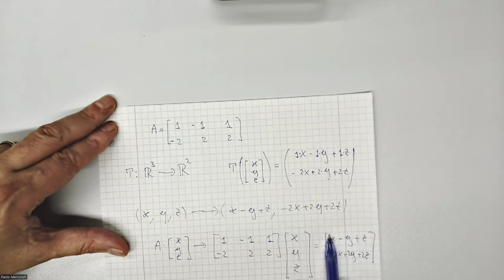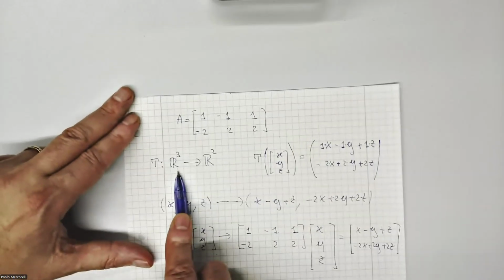This is the image in accordance with this transformation: the first element, or first row of the transformation. This is the other element in accordance with the second row.